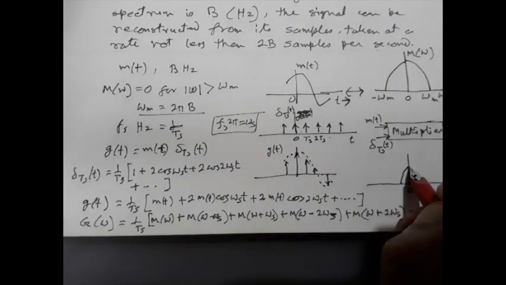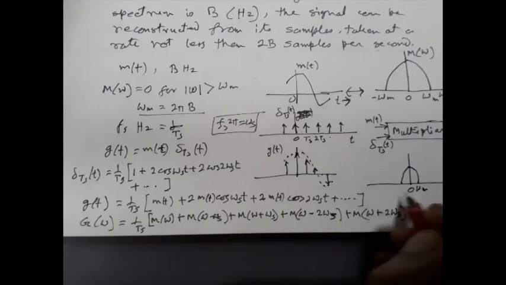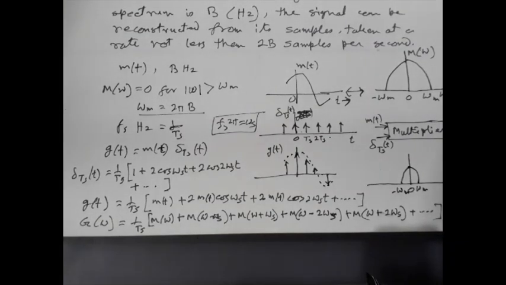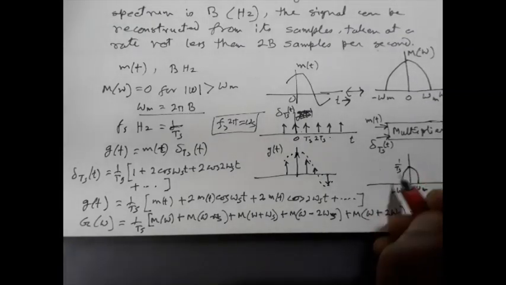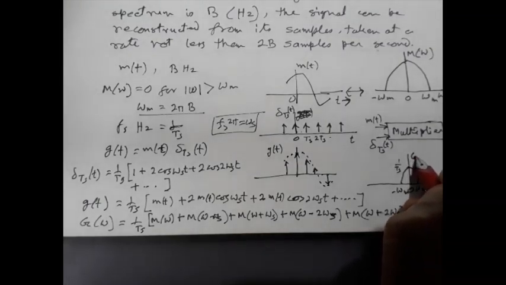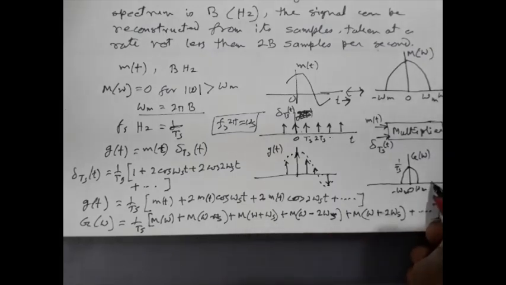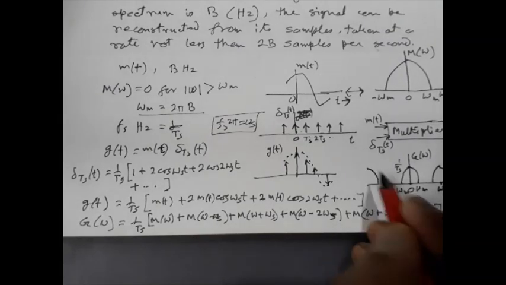So this is M(omega), the first term. These two terms are basically M(omega) shifted by omega s, something like this.